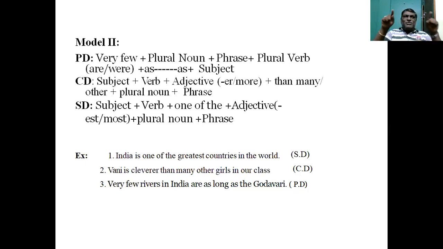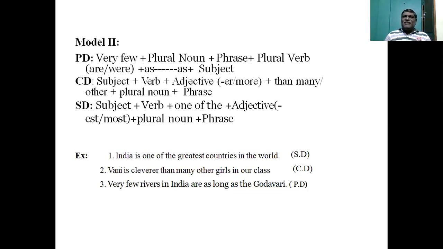So when you said Kashmir is the most beautiful place, you said according to you, there is no other place more beautiful than Kashmir. Now in this sentence, you are saying Kashmir is one of the most beautiful places. You say that there are some others. That's why you begin the sentence in the positive form with "very few," almost nil. Very few places in India are as beautiful as Kashmir.